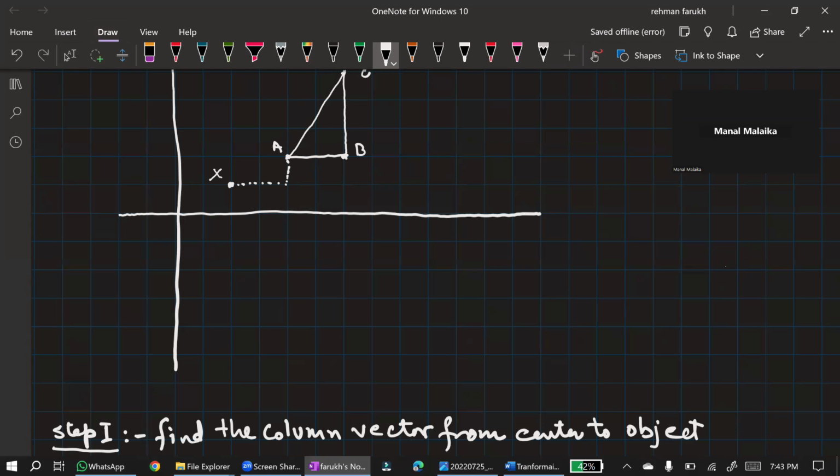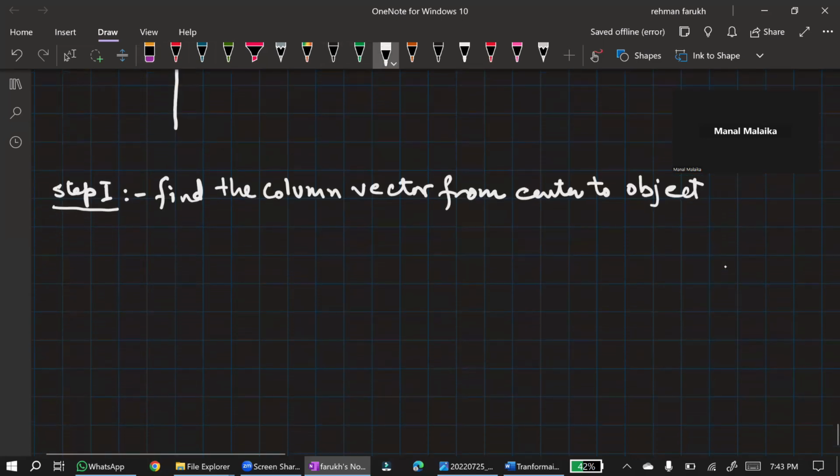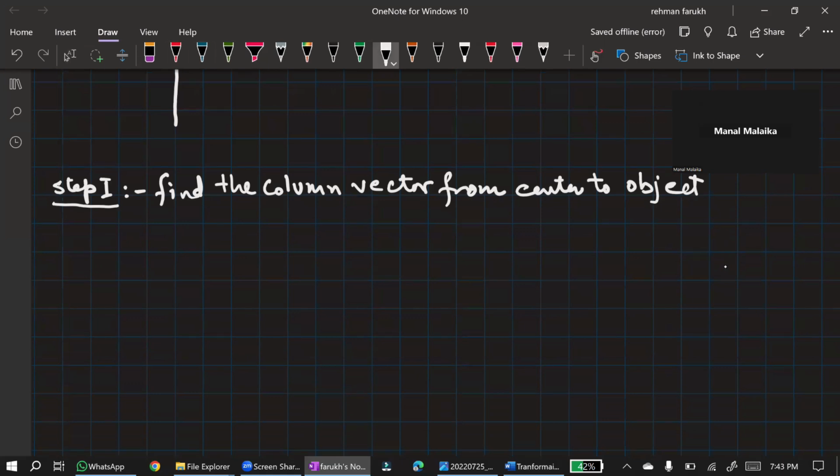No sir. Recall vectors, please. The column vector is (2, 1). The horizontal component is 2, the vertical component is 1. For A, the column vector is (2, 1).